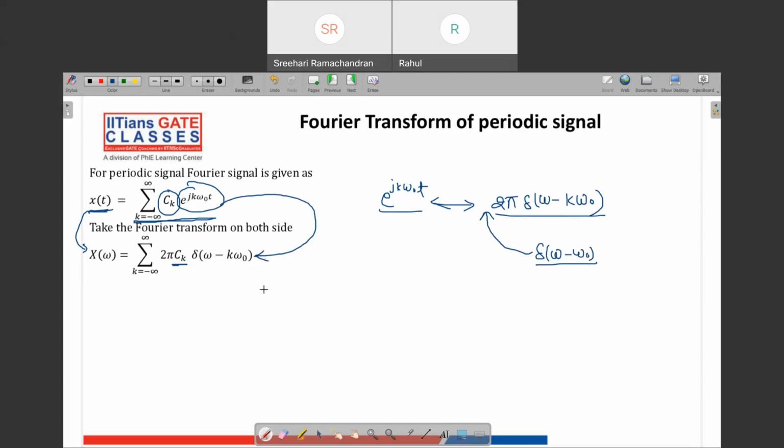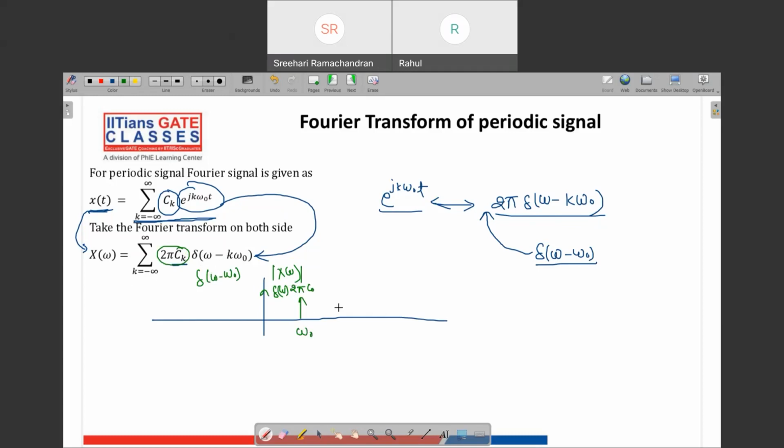When you plot this X of omega, or let's say the magnitude of X of omega, for k equal to 0 you will get an impulse delta of omega multiplied by 2 pi c0. Similarly, for k equal to 1, you'll get delta of omega minus omega naught, so it will be shifted to omega naught.